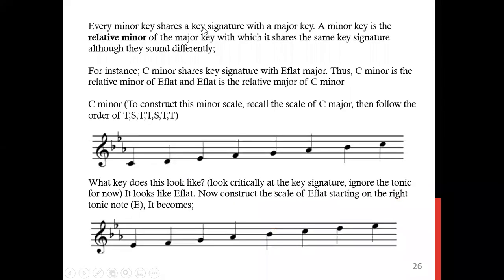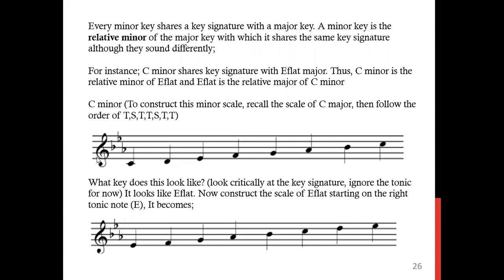Every minor key shares a key signature with a major key, all right? So a minor key is the relative minor of the major key with which it shares the same key signature, although when you play them, they will sound different. Do you understand this statement?